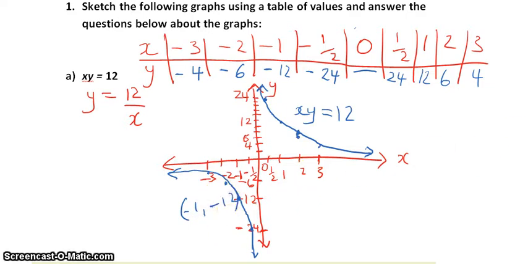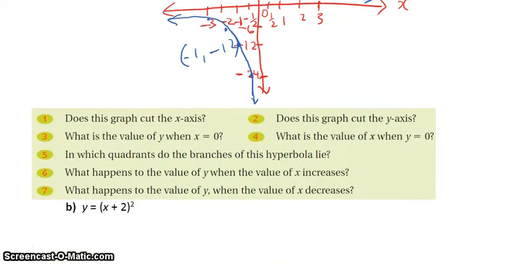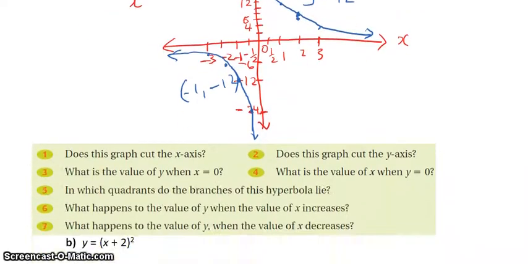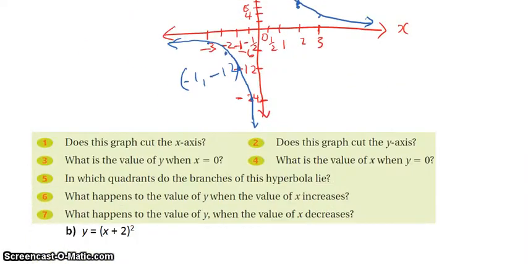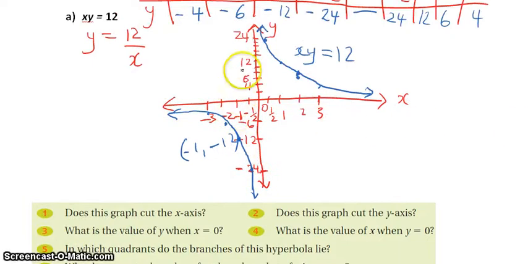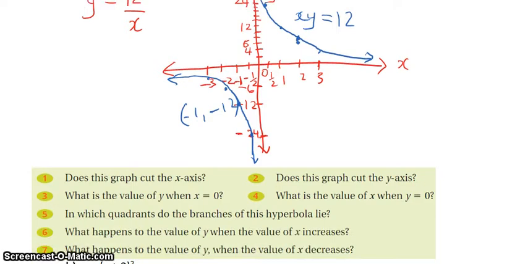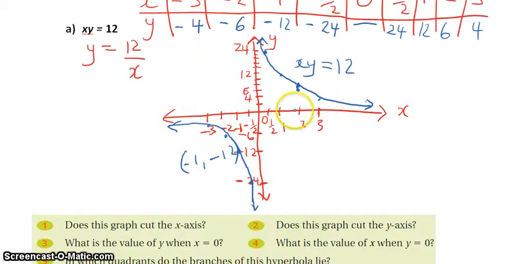Okay. Now, I want you to have a look at these questions. Does this graph cut the x-axis? Doesn't look like it to me. What is the value of y when x is 0? When x is 0, well, there's no value of y when x is 0 because it doesn't touch the asymptote. Does the graph cut the y-axis? No, it doesn't. What is the value of x when y equals 0?